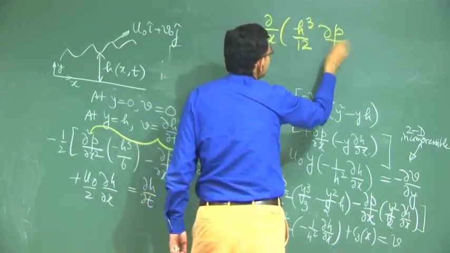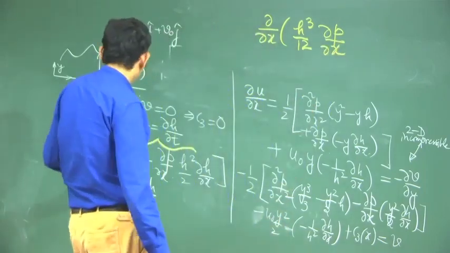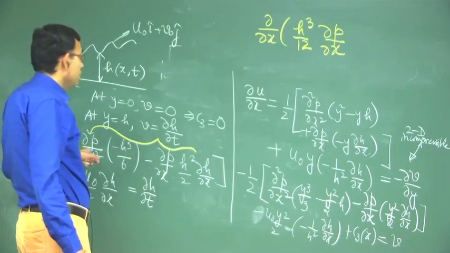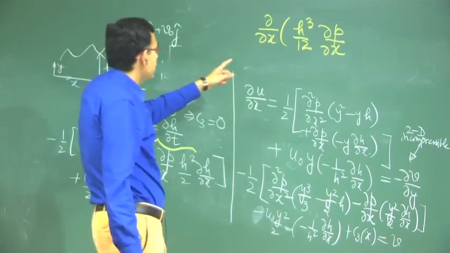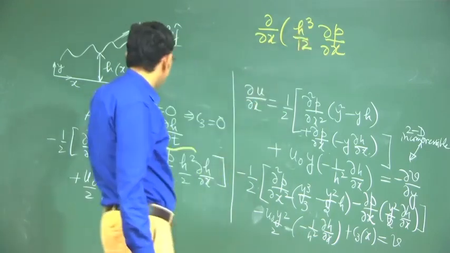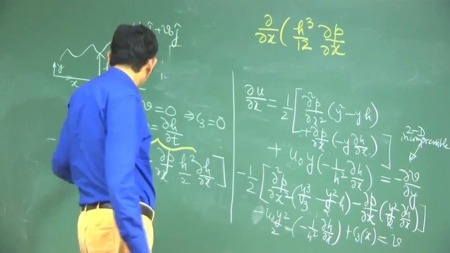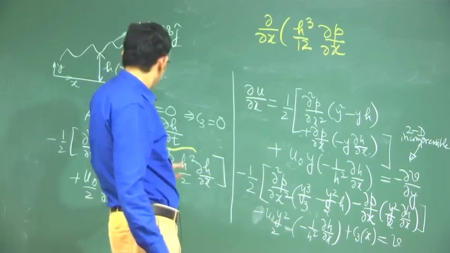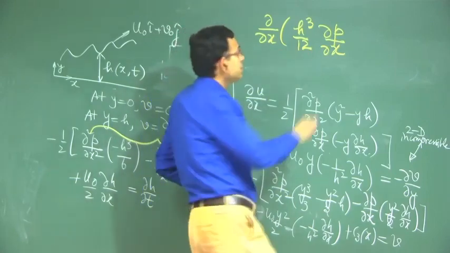So, this is the first term, and the second term, you consider this is 3h square by 12, that means h square by 4. These 2 and these 2 come together. So, these two terms clubbed together is this, right.